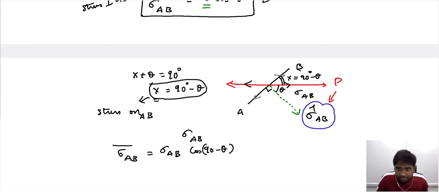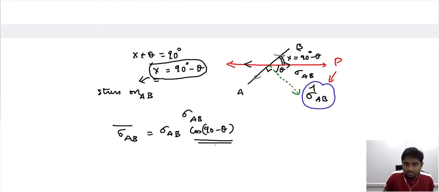We are projecting the vector denoted by the direction P onto the vector that is along the surface of AB. So the angle between them is 90 minus theta, and we consider the cos of 90 minus theta. Ultimately, cos of 90 minus theta is sin theta, so we would end up having this expression.